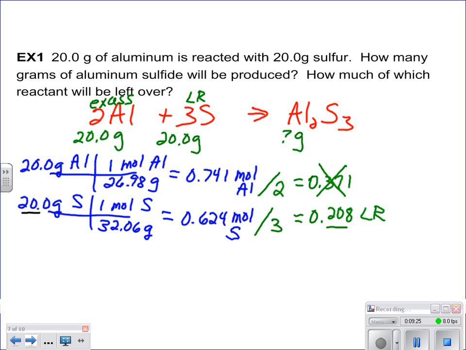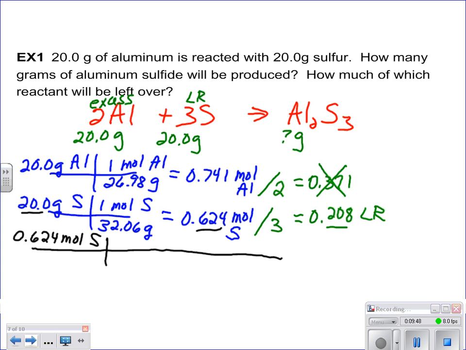I could start with my 20 grams of sulfur, but I hate doing extra work if I don't have to. So instead of starting with grams of sulfur, what might be easier? Moles of sulfur. So let's go ahead and start with that 0.624 moles of sulfur that we have right there. Saves us repeating that step.